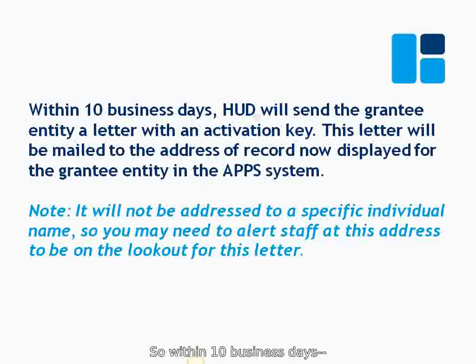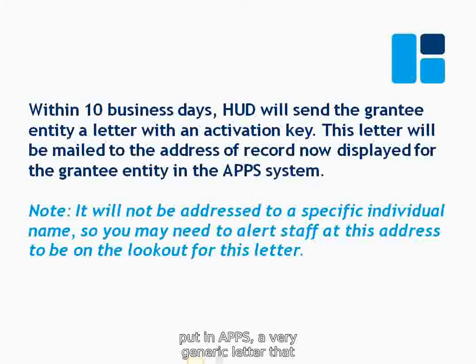So within 10 business days, I've actually seen it go a little bit more towards 14 here lately, but within 10 business days, HUD is going to send to the address that you put in apps a very generic letter that has a very important activation key code on it.